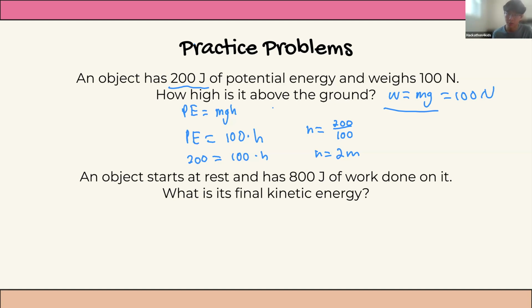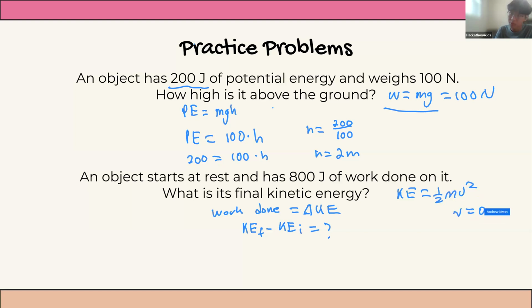So let's use the work energy theorem, right? So remember, that means work done equals the change in kinetic energy, that is final kinetic energy minus initial kinetic energy, right? And it starts at rest. An object at rest has no kinetic energy, because velocity is zero, remember. KE equals 1/2 mv squared.